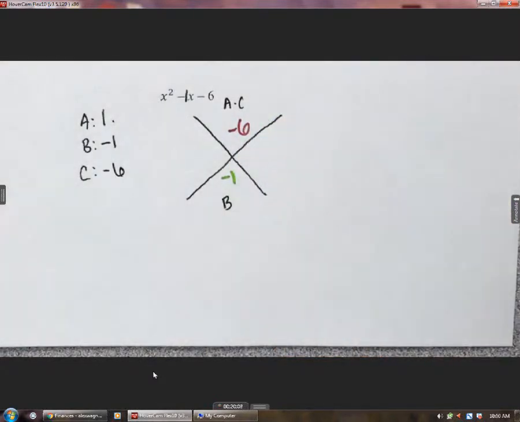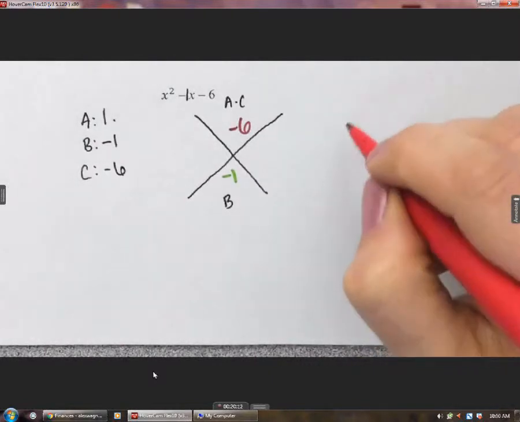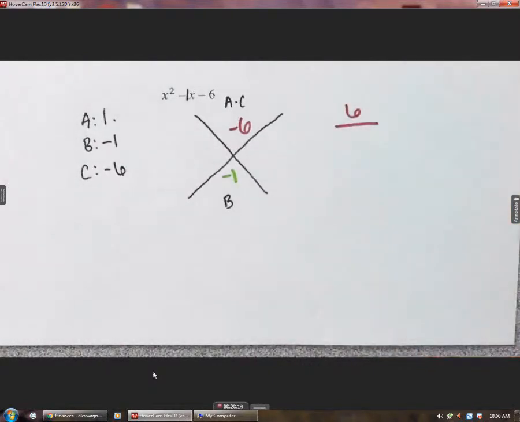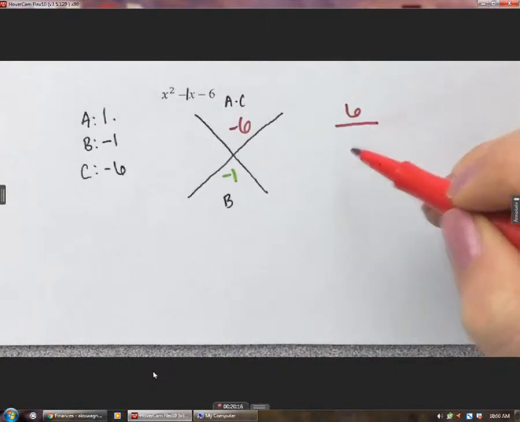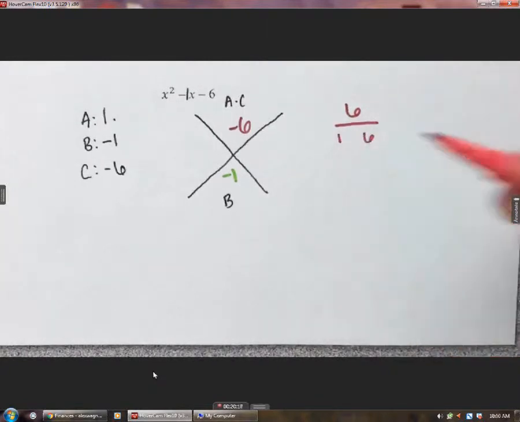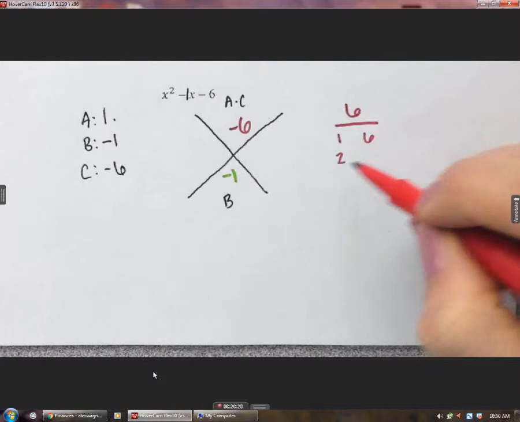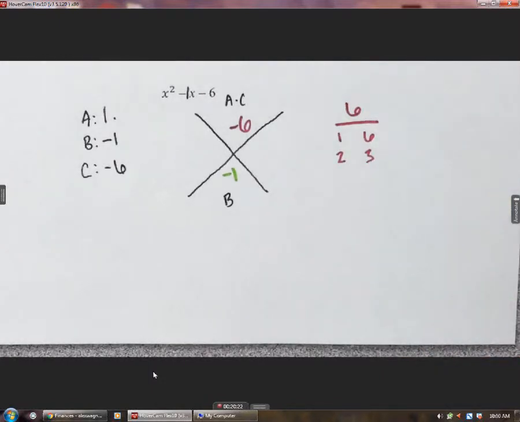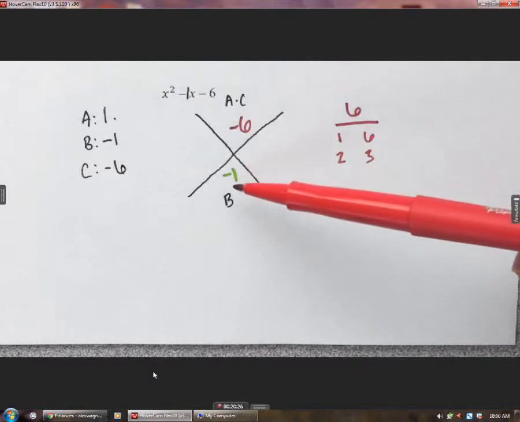I need to find the factors of which number? 6 or 1? 6. Let's list out the factors of 6. What you got? 1 and 6 and 2 and 3. Anything else? Nope.